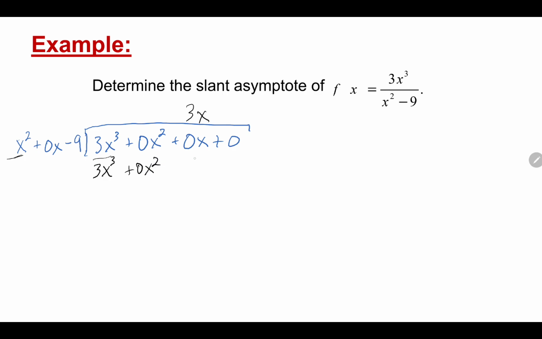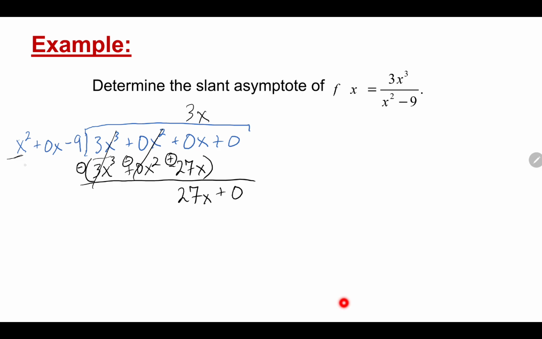And 3x times negative 9 is negative 27x. Again, applying the negative, so that's a negative, this is a negative, this becomes a positive. 3x cubed minus 3x cubed is gone. 0x squared minus 0x squared is gone. That's great. 0x plus 27x is 27x plus 0.